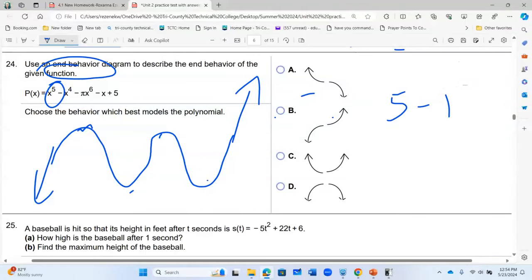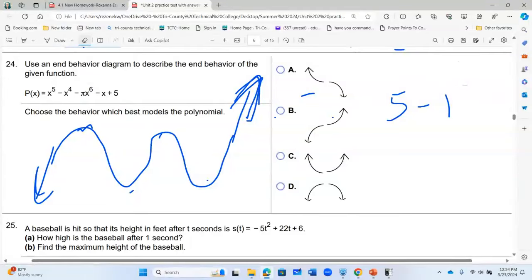Remember what the question is saying. The question is asking you about the end behavior. The most important thing in this question is that the end behavior of an odd degree polynomial is opposite. One going up, one going down. You also have to be careful with the leading coefficient.